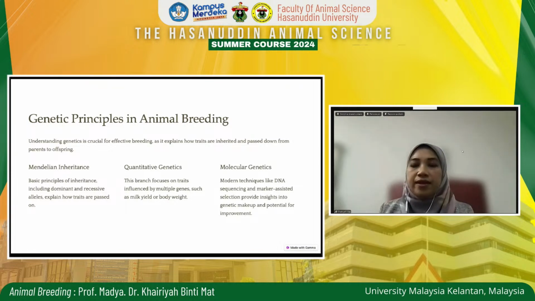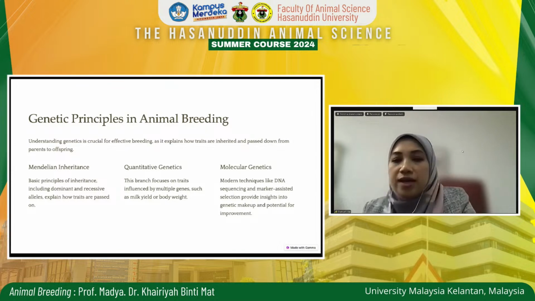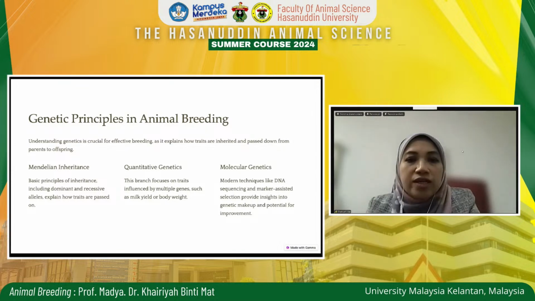And other than that, probably the size of the udder will also contribute to milk yield. So this aim is not based on a single trait. It also involves multiple genes that contribute to the same outcome.